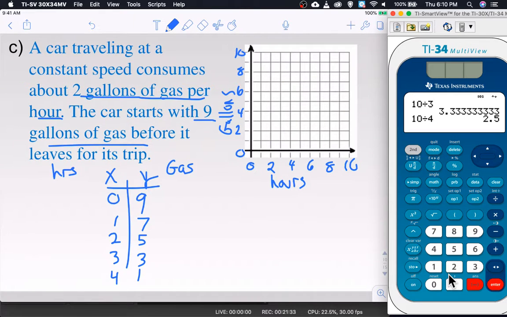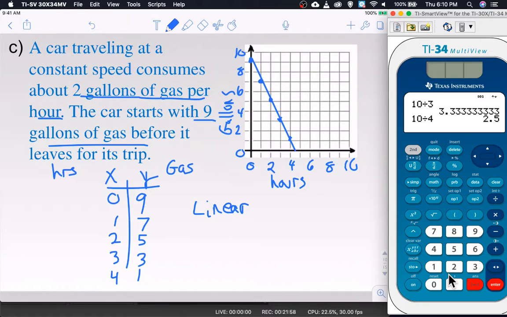So now we just graph these points. 0, 9, 1, 7, 2, 5, 3, 3, 4, 1. And we can see how this works. We can see that this is a linear function. Oh, too many letters.